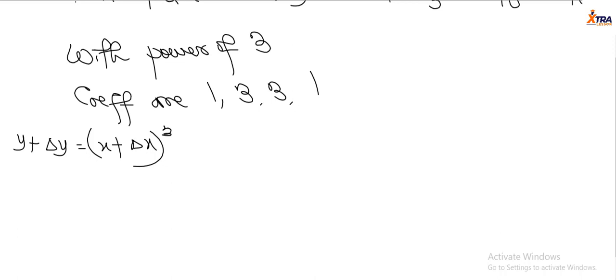So now let's expand this with the coefficients. We have y plus delta y equals x to the power 3. The first coefficient is 1, which gives x to the power 3.